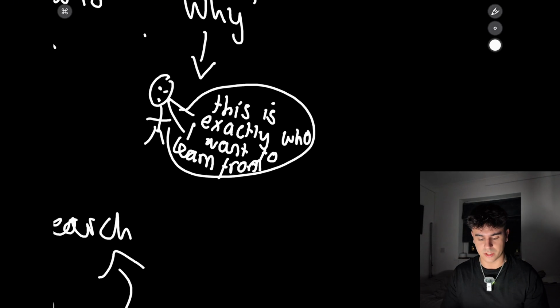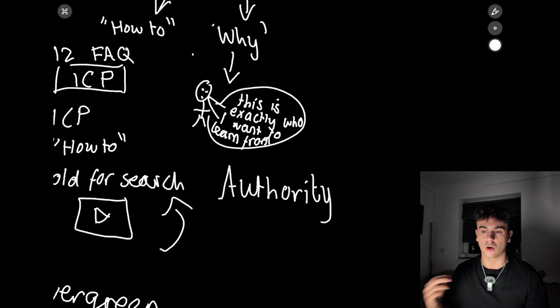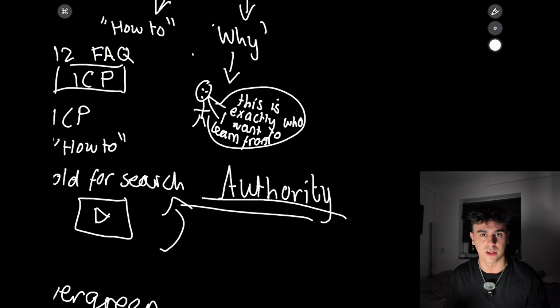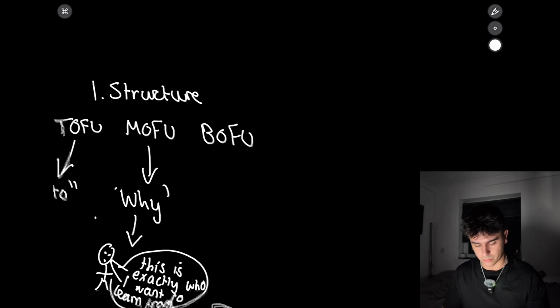You want to position yourself as the authority in your space. You want to talk about statistics. You want to answer some questions too. But the main goal of this is to just position yourself as the authority in your niche so that when a viewer comes to your video, which will now be your ICP, they'll say to themselves, this is exactly who I want to learn from. And they're going to go through binge watching all of your YouTube videos.